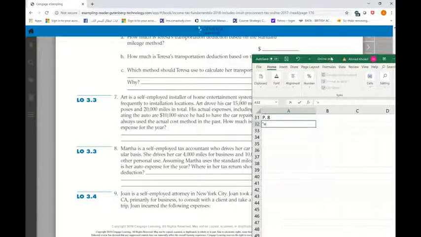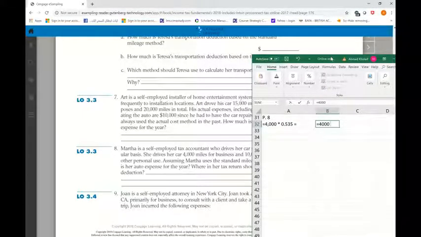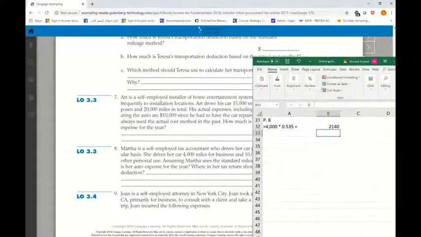We have 4,000 miles, which is business related. It will be multiplied by the standard rate, which is 0.535. So this will work out the transportation cost for Martha, which is 2,140. So this is the first part of this question.